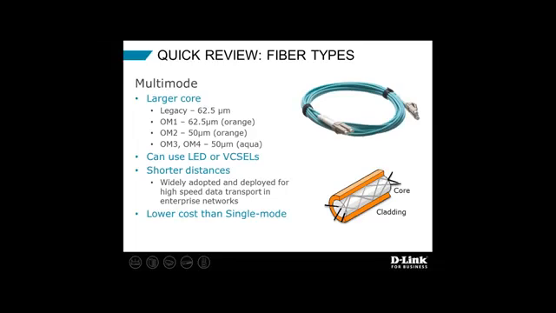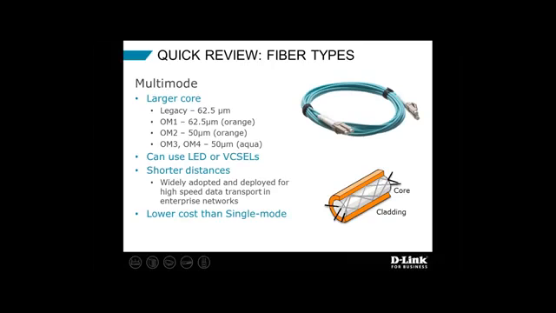There's a lot of different types of multimode cable out there. I call the first version legacy multimode fiber cable that was deployed, I guess probably way back in the 70s when fiber was first coming out. Some people call it FDDI grade multimode fiber.